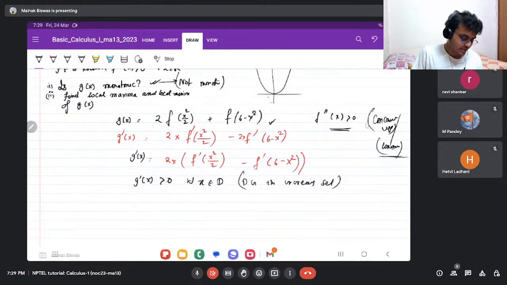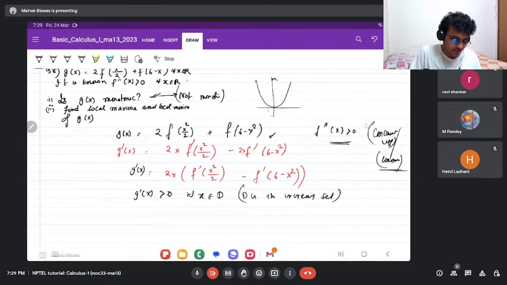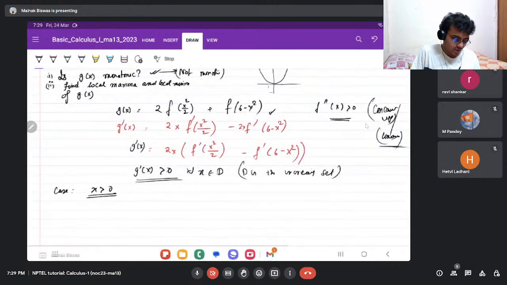When will this be greater than 0? For x greater than 0, you will have to see that f dash of x square by 2 is greater than f dash of 6 minus x square, if g dash x has to be greater than 0.